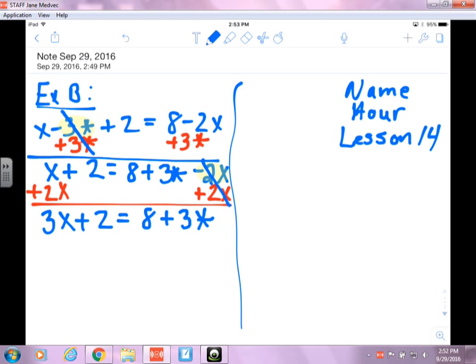What do you think we should do first? Yep, I'm going to take away my 2. Remember, I'm going to try my numbers before I do my cons. So 3x equals 6 plus 3 star.